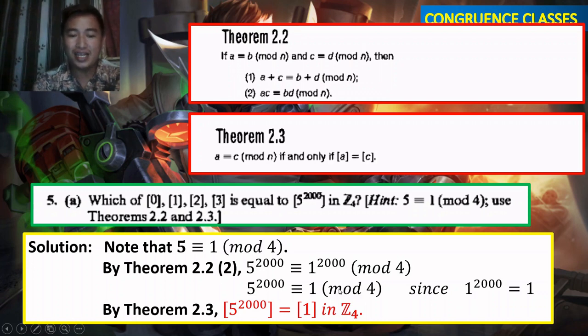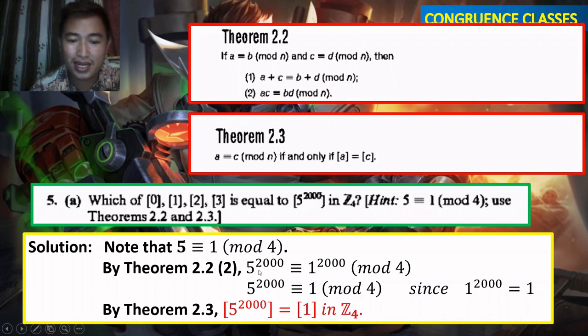Okay. So what is it again? 5 to the power of 2,000. To which is it equivalent in the equivalence class? It should be reduced to the smallest, less than 4.